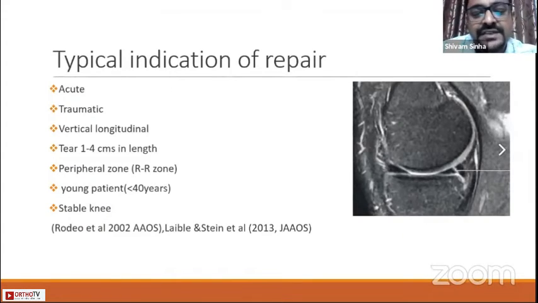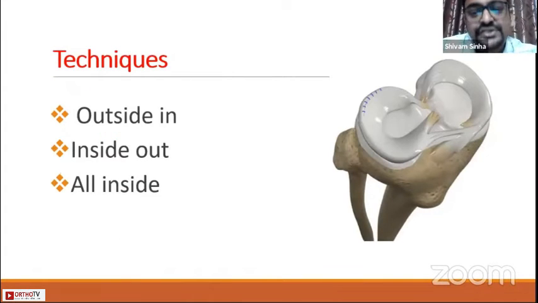The typical indication which has been taught to us, and what we usually do, is to go for an acute tear of the meniscus, which is traumatic, mostly vertical longitudinal, with a length between 1 to 4 centimeters, and in the peripheral red zone, more importantly in a young patient with a stable, aligned knee. The techniques we usually opt for are arthroscopic: outside-in, inside-out, and all-inside.